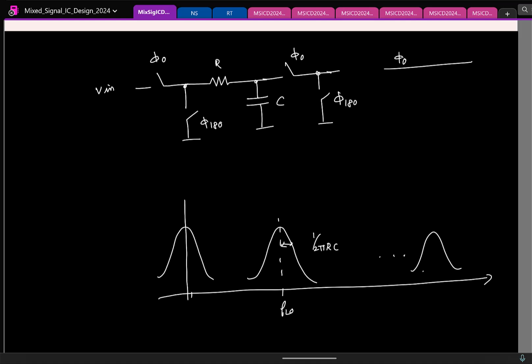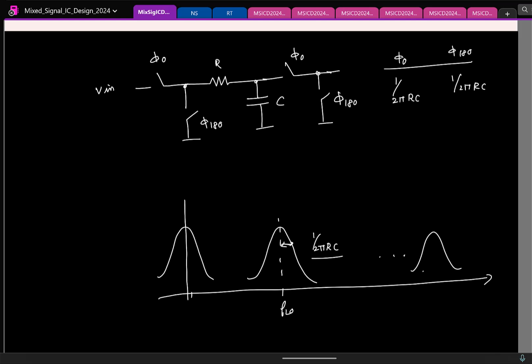If you have a simple RC like this, what is the bandwidth? Fine. Now in clock phase phi 180, I am basically connecting it. The capacitor is still connected to the same resistor. What is the bandwidth? So what do you think is the overall bandwidth? Overall bandwidth is also the same. That's what we also get here.